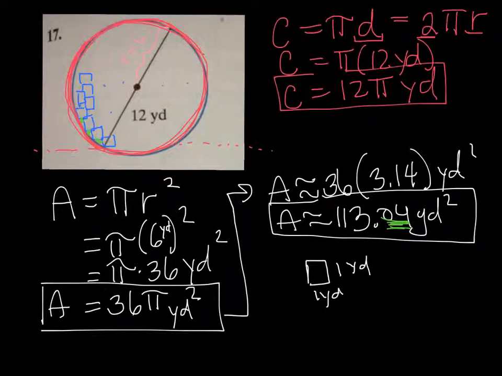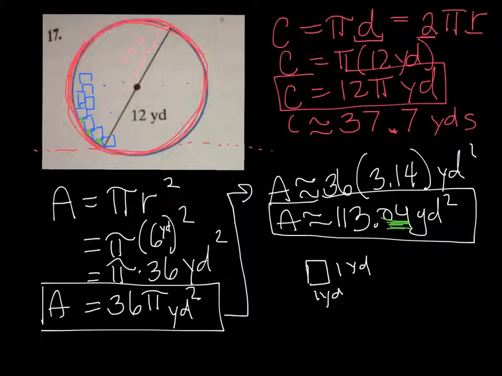Or approximately, and actually I just realized that I didn't round to the tenths. So here, again, 3.14 times 12. So I get 37.68, which I'm going to write as 37.7 because they want it to the tenths place.